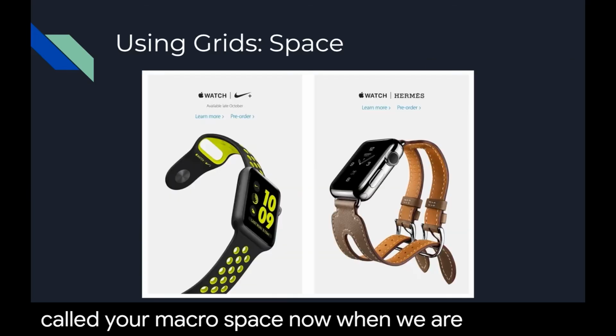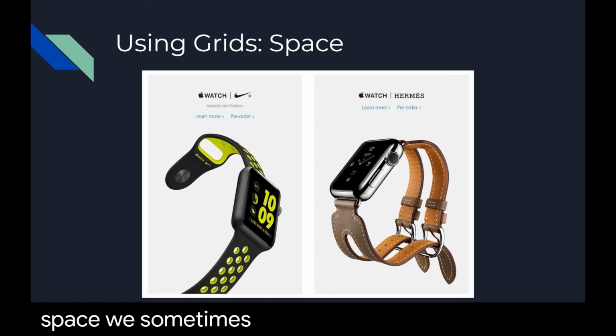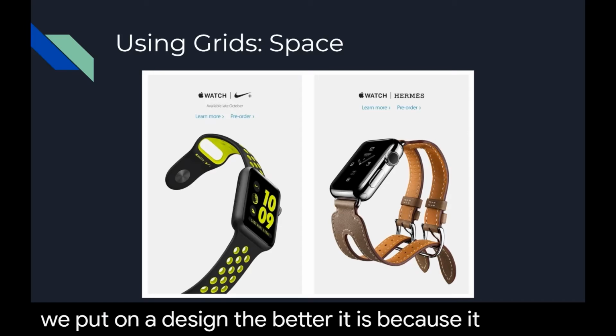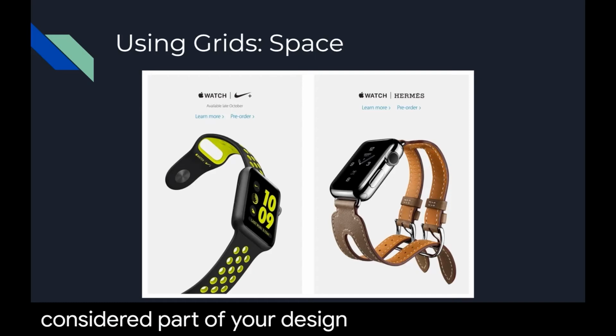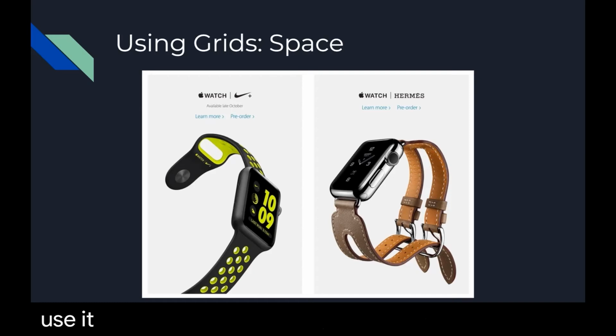Now, when we are using space, we sometimes think that the more elements we put on a design, the better it is, because it allows us to tell more of a story. But space should be considered part of your design, and so you want to use it effectively.